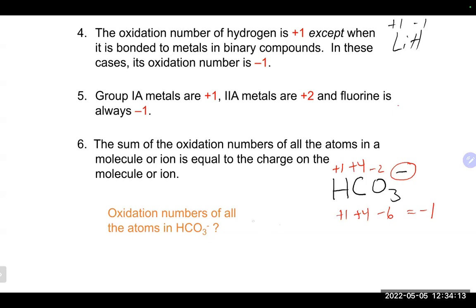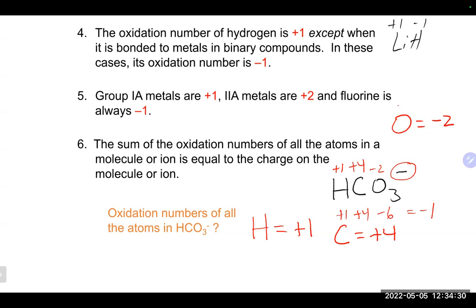So just so we're clear, the oxidation number for hydrogen should be +1. For carbon, it should be +4. And for oxygen, it should be -2, not -6, so not the grand total.